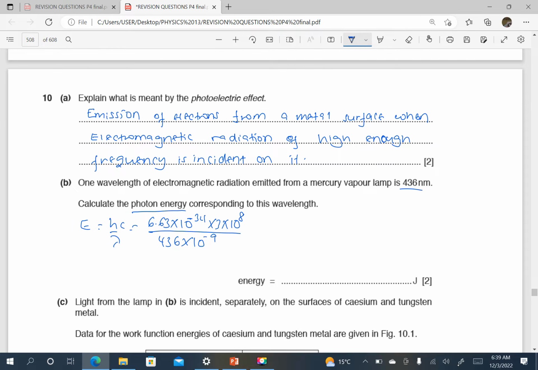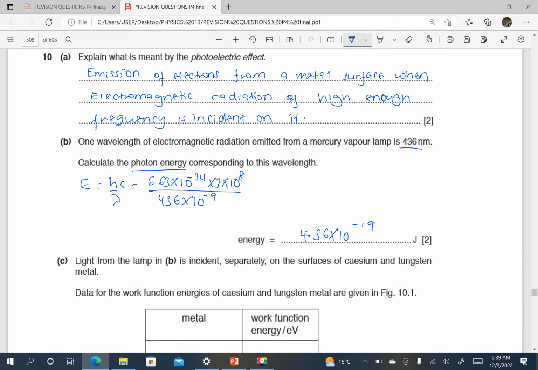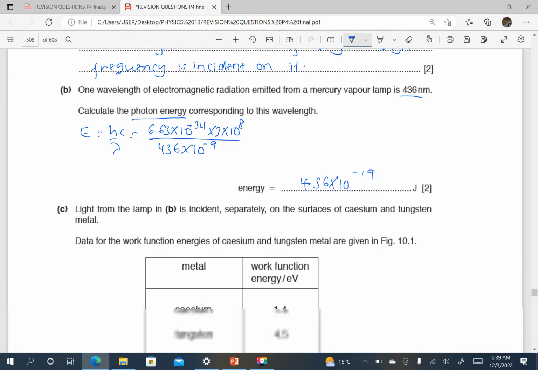So from my calculator, I am getting 4.56 times 10 power negative 19 joules. So that is the energy of the photon.